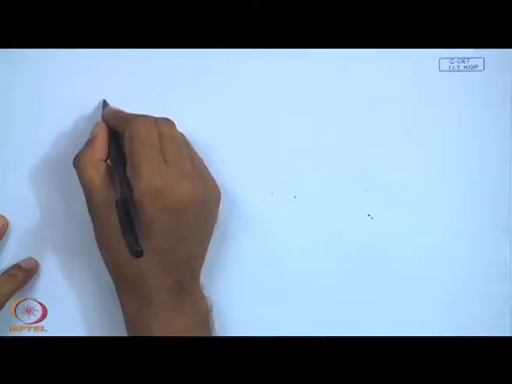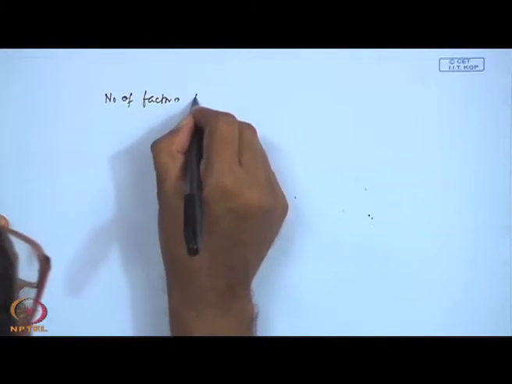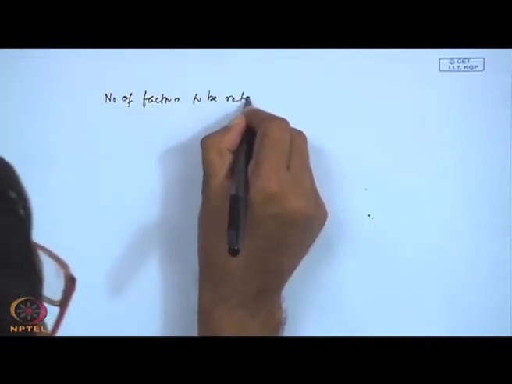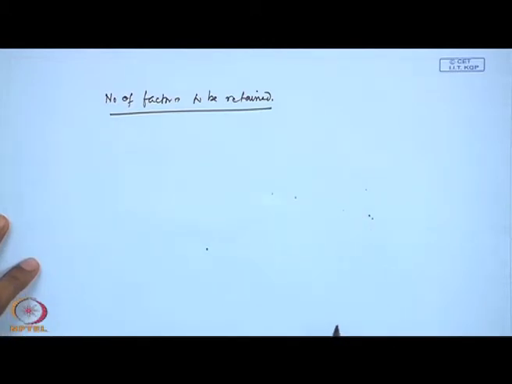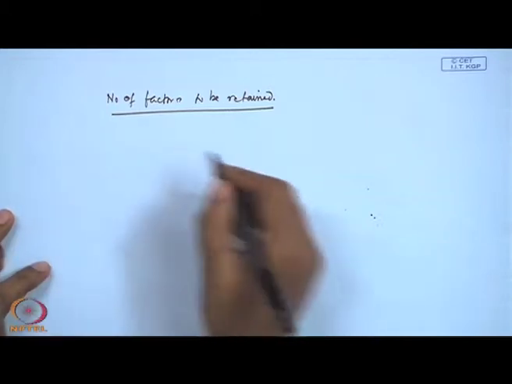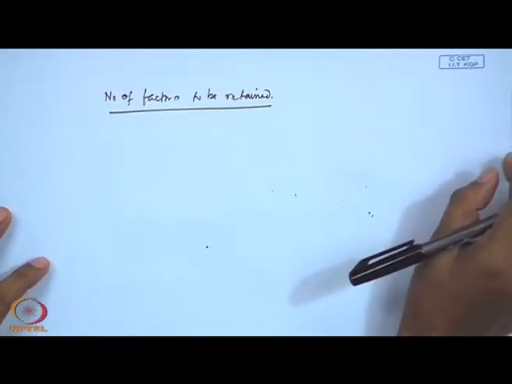So, the next issue is the number of factors to be retained. How many factors will you keep? It is similar to principal component analysis, where we have seen that the number of components to be kept is decided by several means.